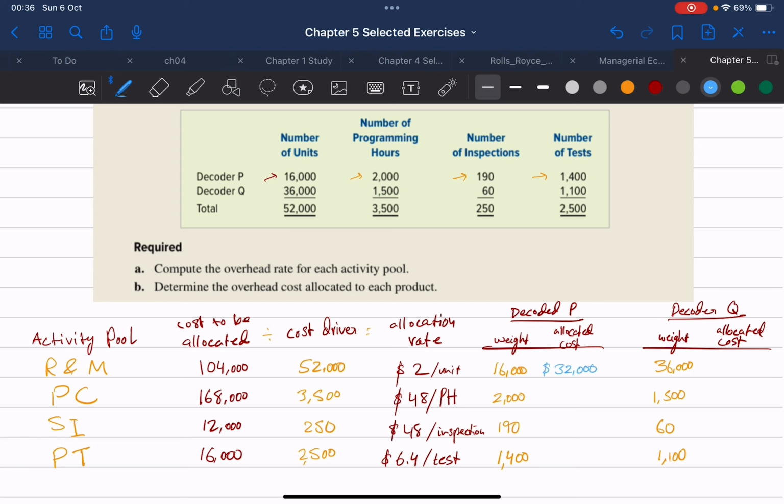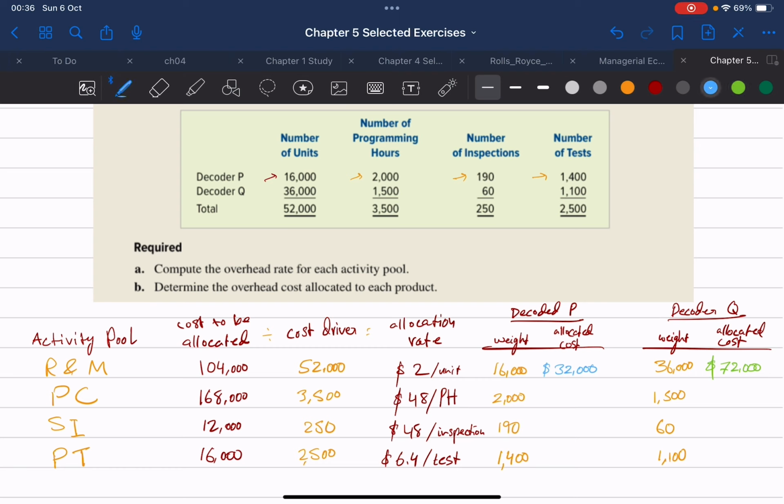And again, the 36,000 here also multiplied by 2. 36,000 multiplied by 2. That is $72,000. And do the same for each activity.